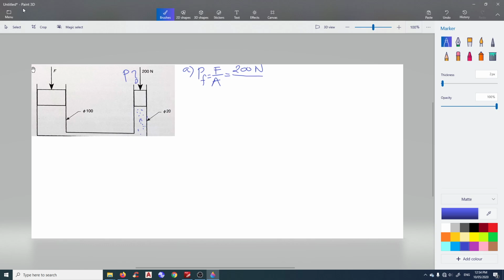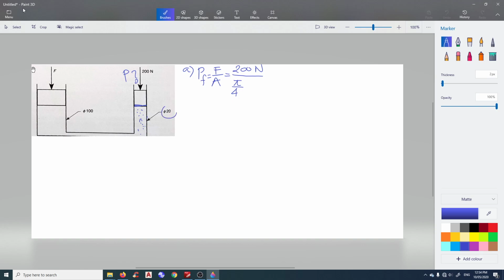And the area is the surface area of this piston. So we have 20 mm there. Remember, the surface area of the circle is not given on your formula sheet. So it's quarter pi d squared.